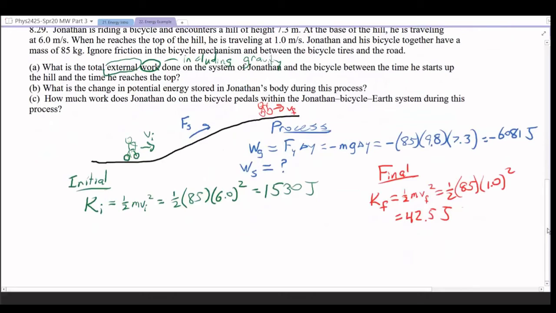So in climbing this hill, this bicyclist slowed down a lot because the hill is difficult. So how's this fit in to our idea of an energy balance equation? Well, we should do K initial plus work net is equal to K final.